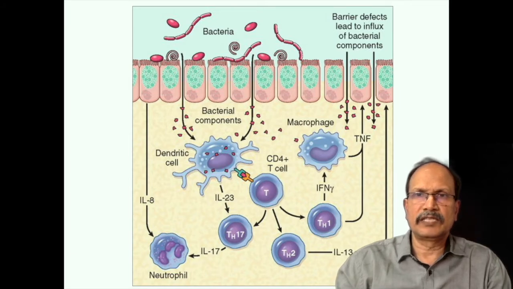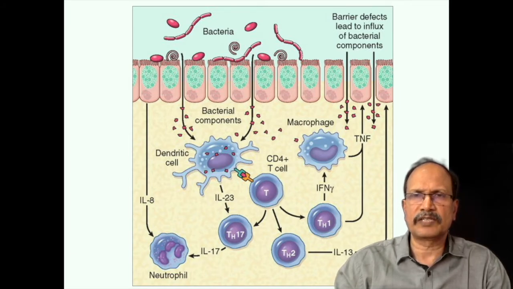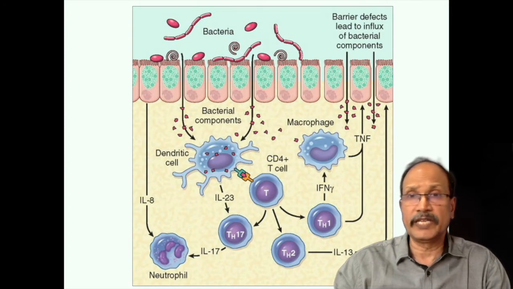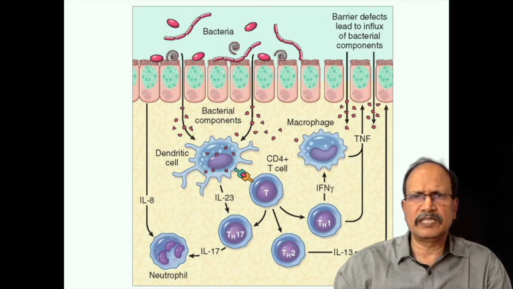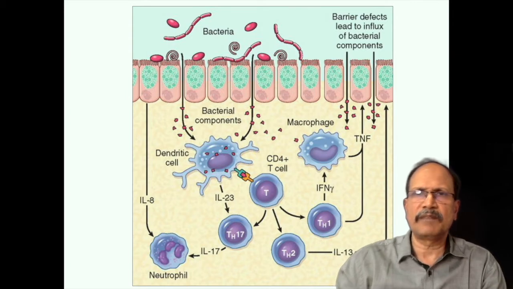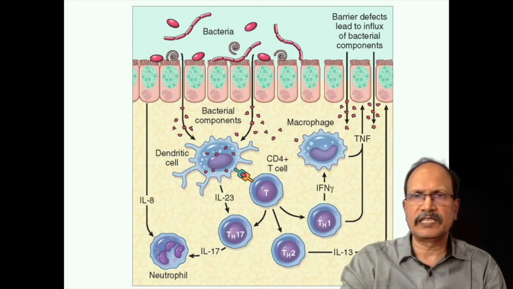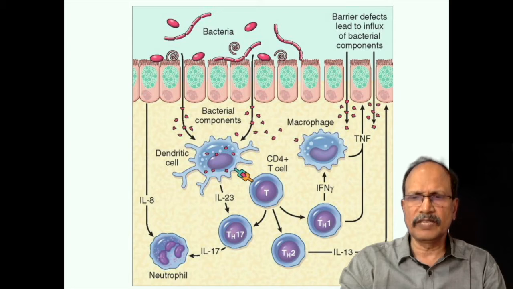So there is a defect in permeability to start with because tight junctions are affected due to any reason, and because of this increased permeability, bacterial components gain entry into the subepithelial region, and these immune cells react to this bacterial component, producing cytokines which damage the overlying epithelium, thereby causing more and more increased permeability. This is the basic understanding of pathogenesis of inflammatory bowel disease.